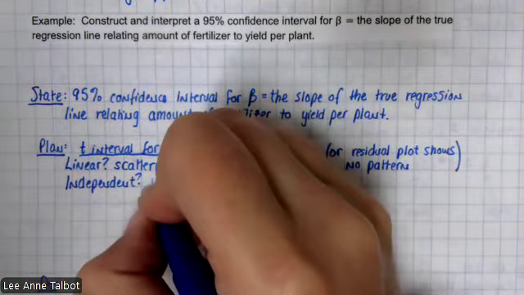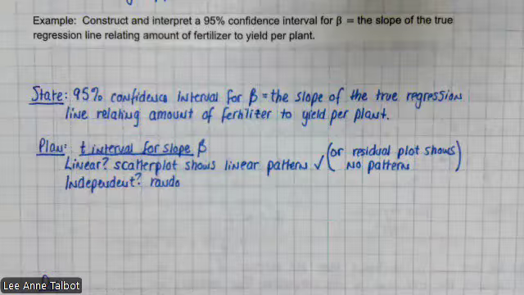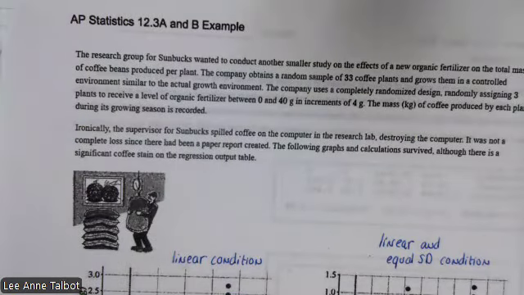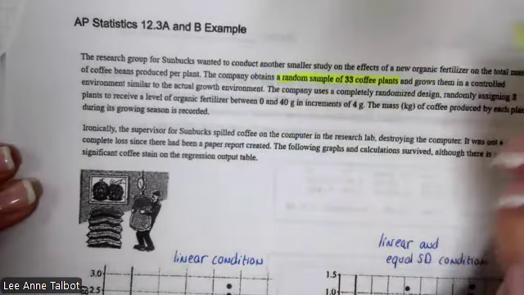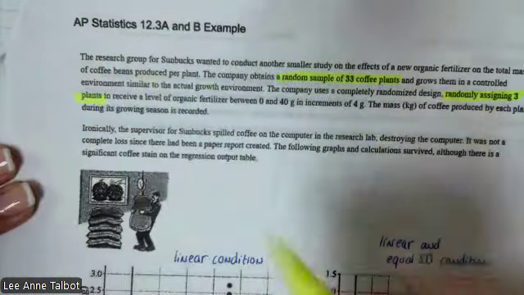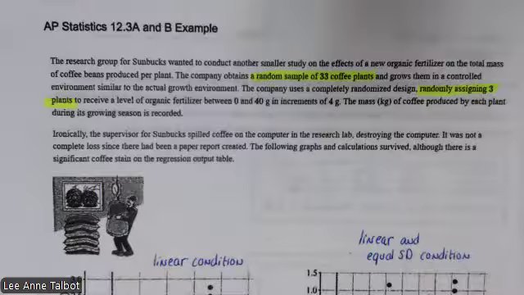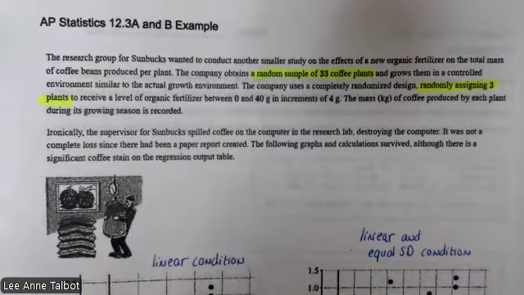This one's random assignment. There's actually random sample and random assignment in this problem. I should note this for you. They went all out in this problem. They've got random sample, they've got random assignment. You could say each one about your 10% condition. I'm just going to go with random assignment because I'm lazy.